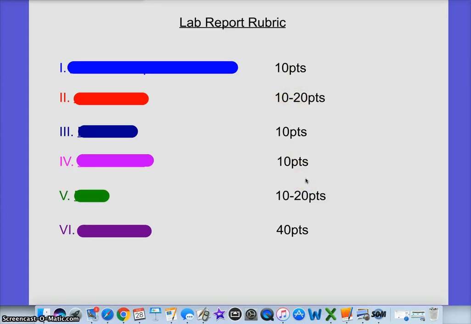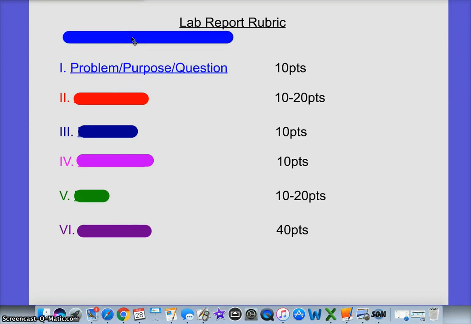Sometimes I want to give you 20 points for creating a good hypothesis, or sometimes I want to give you 40 points. So the first thing on your lab report is to state your question, your problem, or the purpose of the lab. I'm going to tell you right now, Roman numeral 1, 3, and 4 are usually provided to you by me.